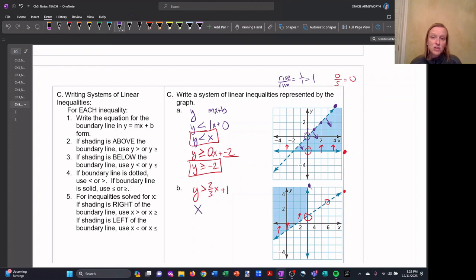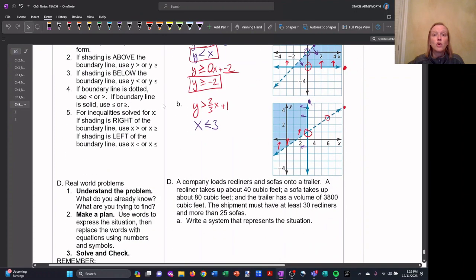Here, x just equals 3 is that line. Of course, we're shading for smaller values of x here, smaller values of x. So we'll say that x is less than 3. And because the line is solid, if you're on the line, that is a solution. So we do include that equal sign. X is less than or equal to 3.